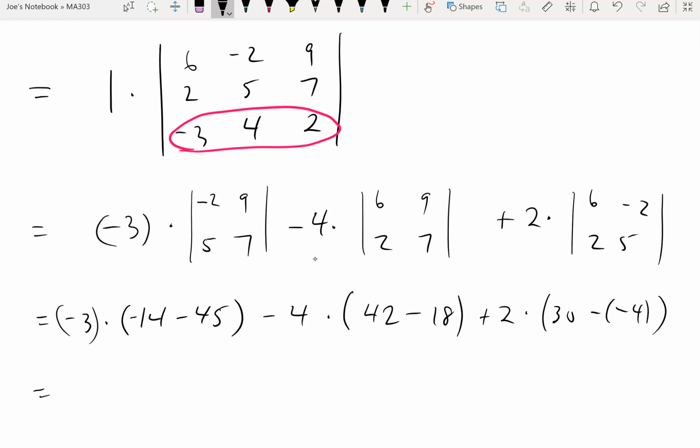You do the product of the main diagonal and then subtract the product of the off diagonal. Positive? Yes.